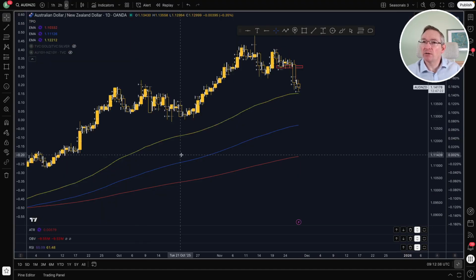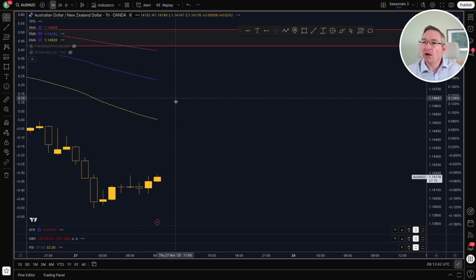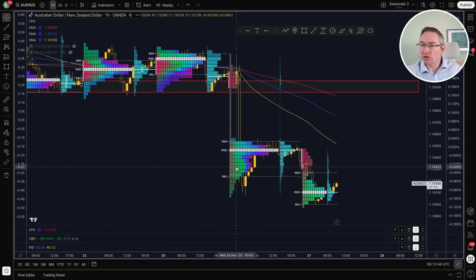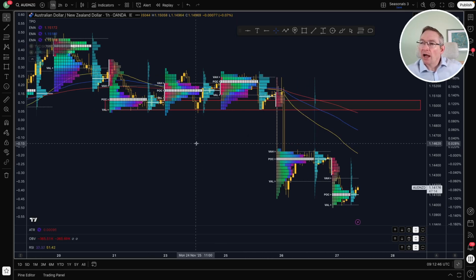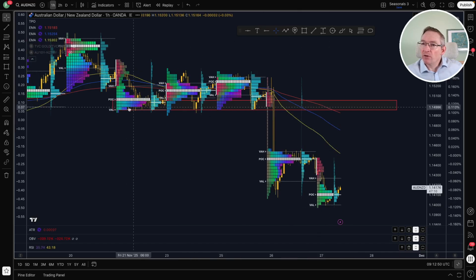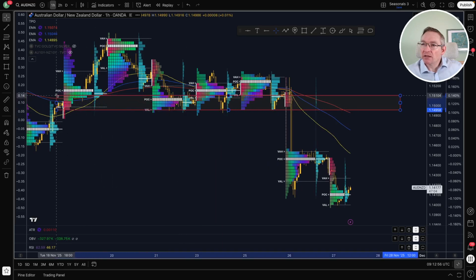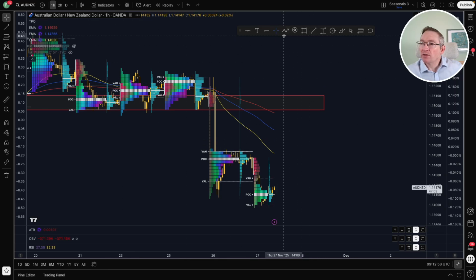It is incredibly helpful. Like here's one with the Aussie New Zealand dollar, right? Now I've got a bias to sell the Aussie New Zealand dollar. And do you see how, look, where do I want to sell from? Value area low, value area low. You see all this collection of value area lows here, value area lows here, right? So I know if I go up to this area, that's where I want to sell from.